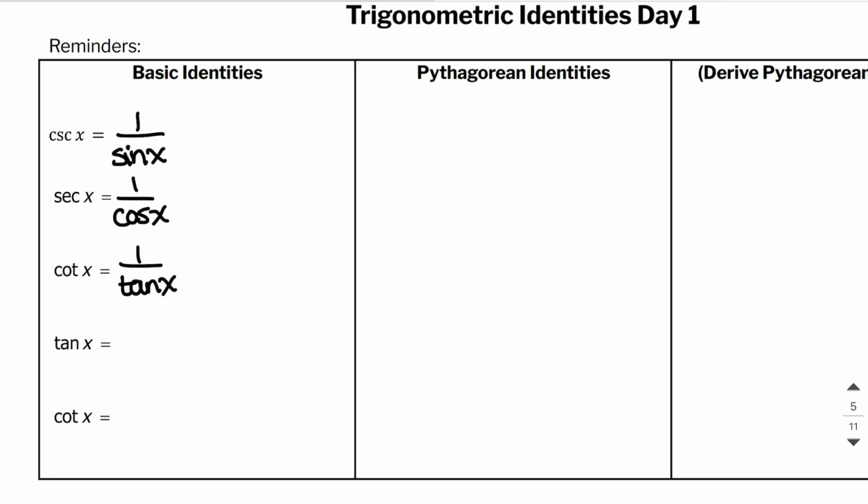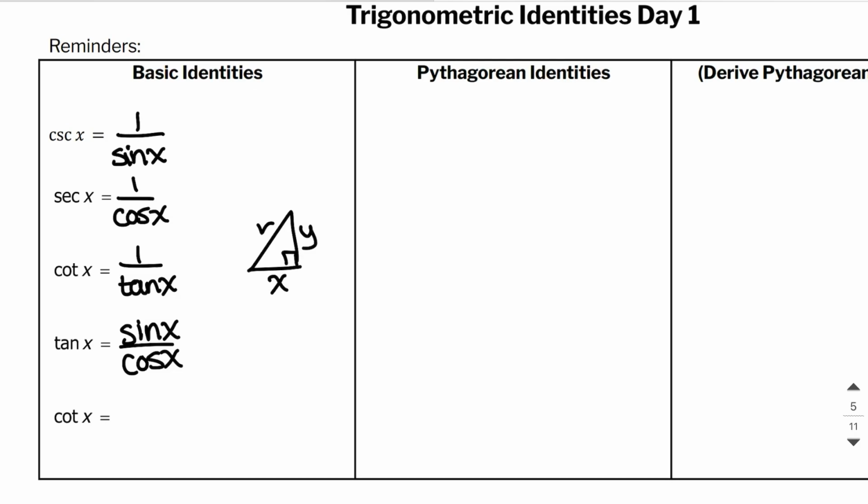Tangent of x also has its own special identity as well. And that identity is that tangent of x is also sine of x over cosine of x. Just a reminder that sine of x is always going to be y over r, and cosine of x is x over r.